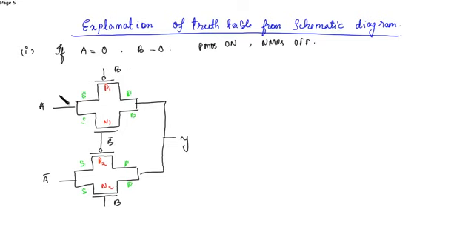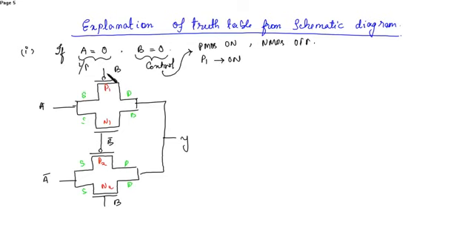So A is the input actually over here, while B is our control signal. So this will decide whether the PMOS will turn on or turn off, similar with the NMOS. So here when B is 0, then P1 will turn on.